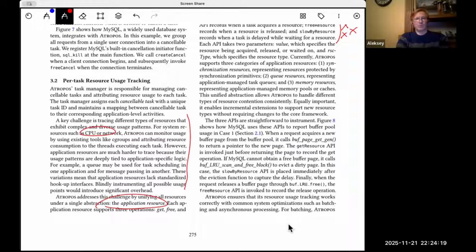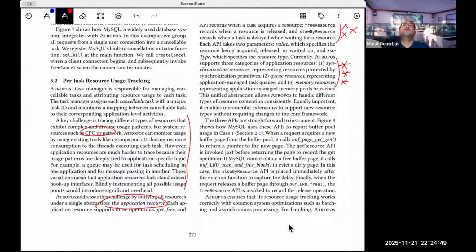Queue resources represents application managed task queues, and memory resources represents application managed memory pools or caches. This unified abstraction allows Atropos to handle different types of resource contention consistently. Equally important, it enables incremental extensions to support new resource types without requiring changes to the core framework.